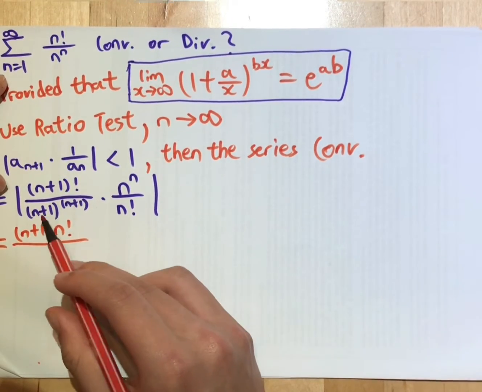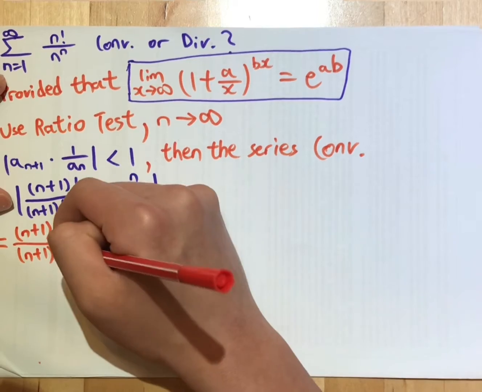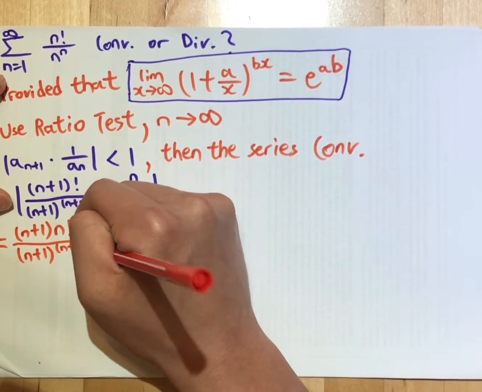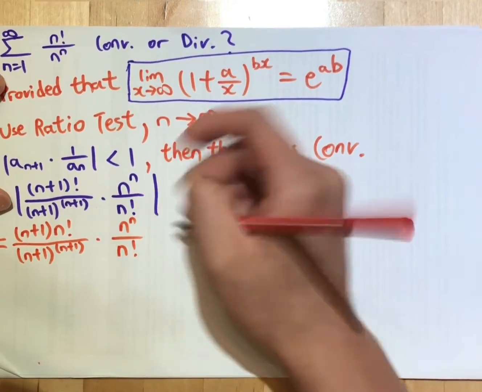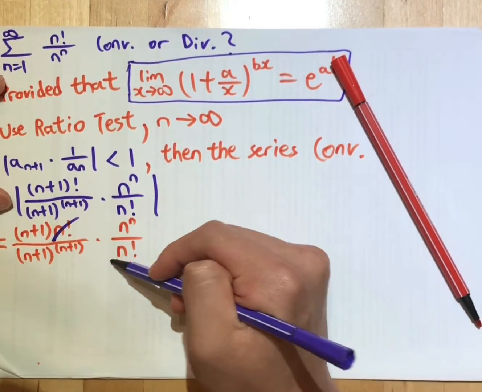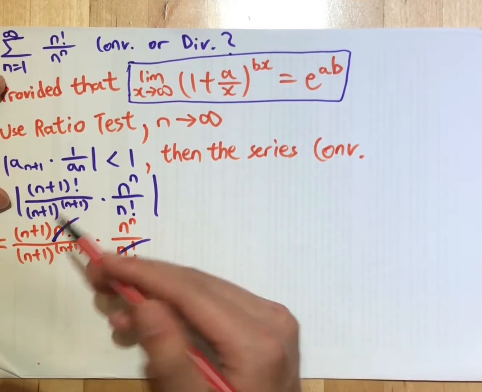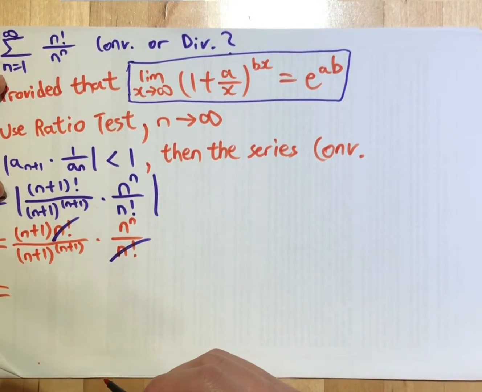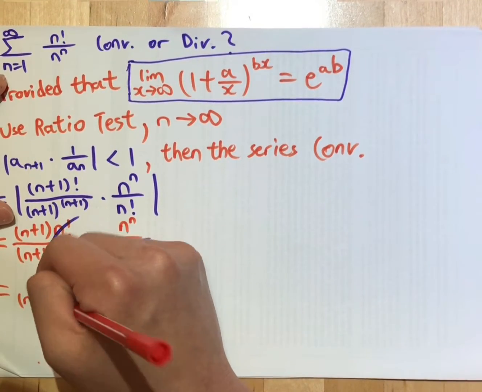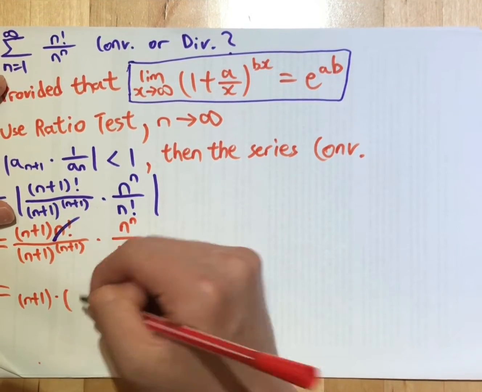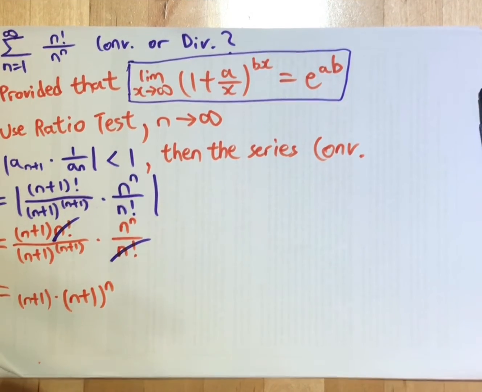And then n plus 1 to the n plus 1 power, let me keep it the same. So now the factorial cancels out, and these two cannot simplify, but we can write this as n plus 1 multiplied by (n plus 1) to the n power. It is the same.